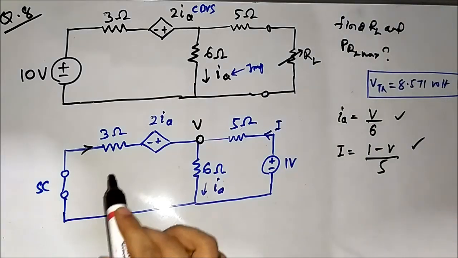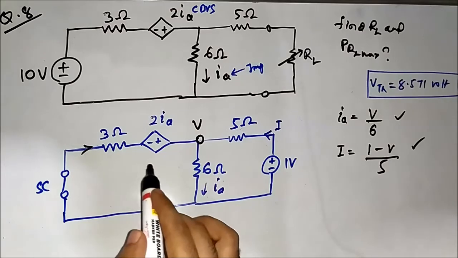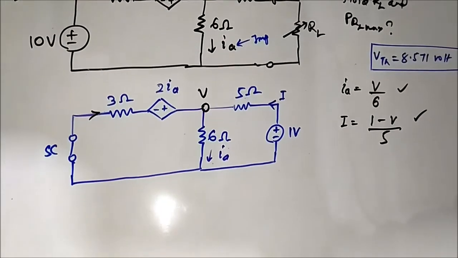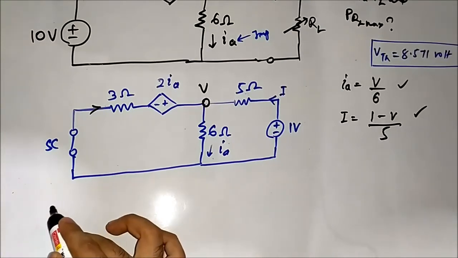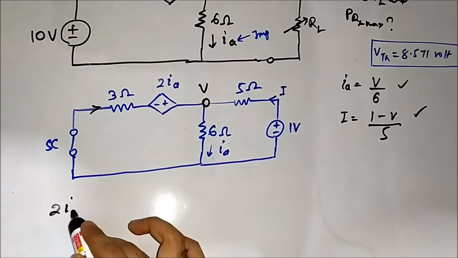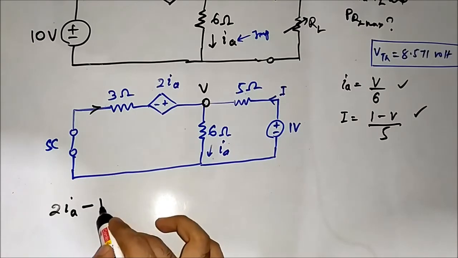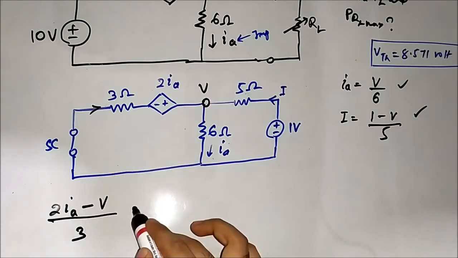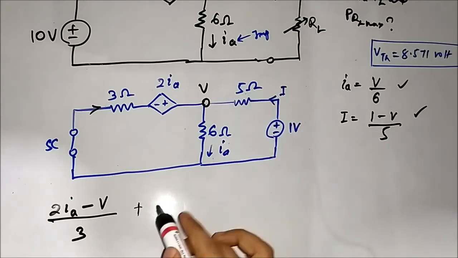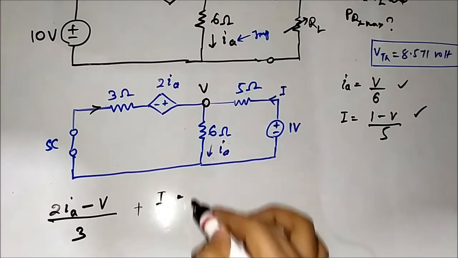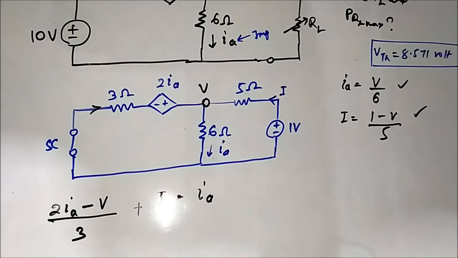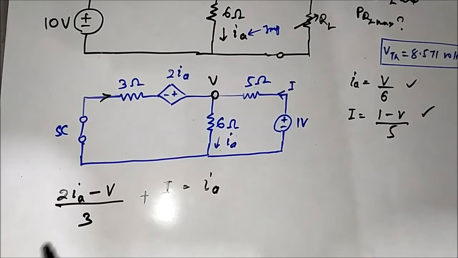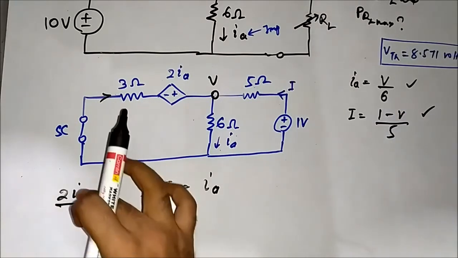So here the equation, the nodal equation is 2IA, this voltage, minus V by 3 plus I, okay, this current, is equal to IA. Okay, this is the KCL equation. Now we'll substitute IA with V by 6.